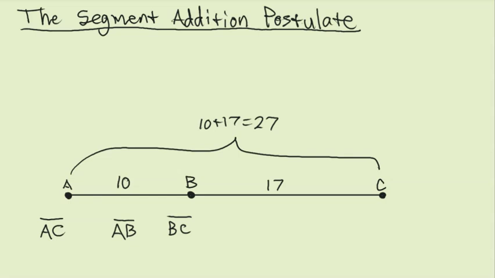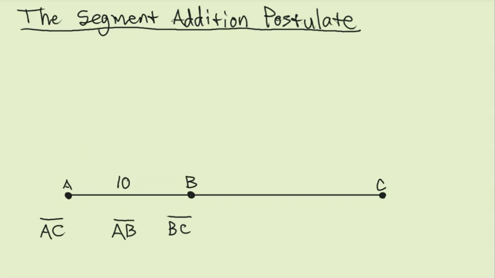Exactly. Okay? And so here is basically what we're saying with the segment addition postulate, is that the measure of segment AC is equal to the measure of segment AB plus the measure of segment BC.